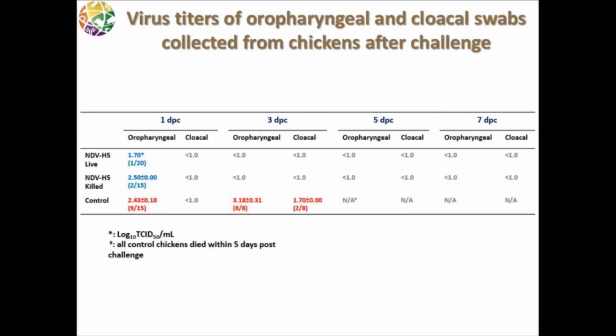We also didn't observe any viral shedding in swabs, only some probably leftover virus from the initial challenge on day 1 post-challenge. And also no virus was observed in tissues.